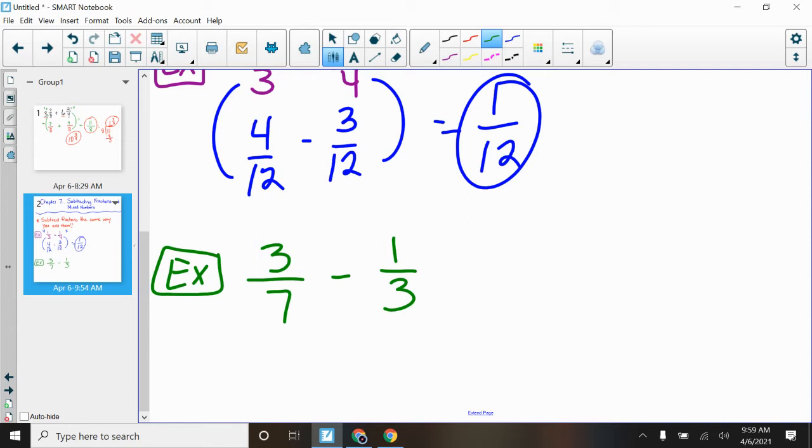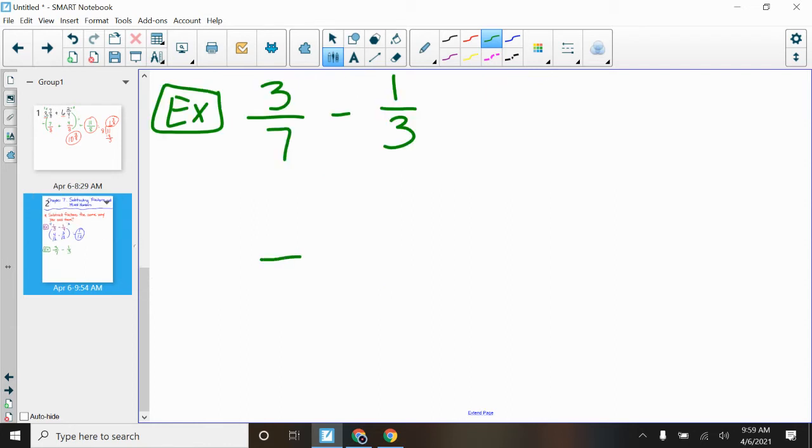Your first thing that you would need to do is find your common denominator. So if I had a 7 and I had a 3, what would the common denominator need to be? What would it need to be, Addison? It would need to be 21, okay?